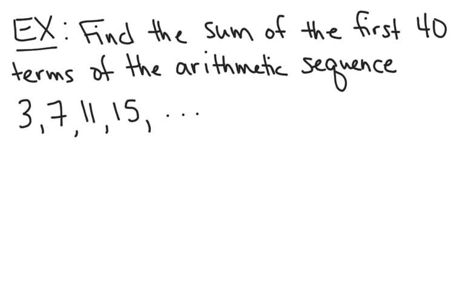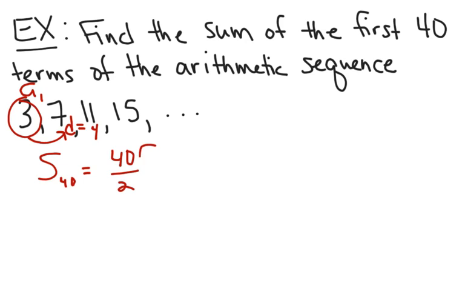Well, there's two ways I can go about doing this problem. The most direct way is that I know the first term is 3, I know the common difference is 4, and I know I want to add the first 40 terms.